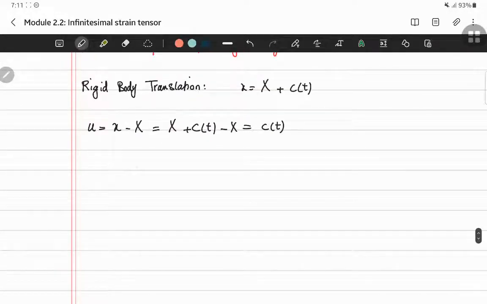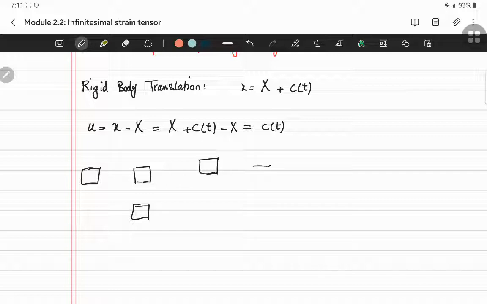So if you have, for example, your initial configuration like this, it is just translated to, for example, here, or in vertical direction, or in horizontal direction. So the magnitude does not change, and it is only a function of time.